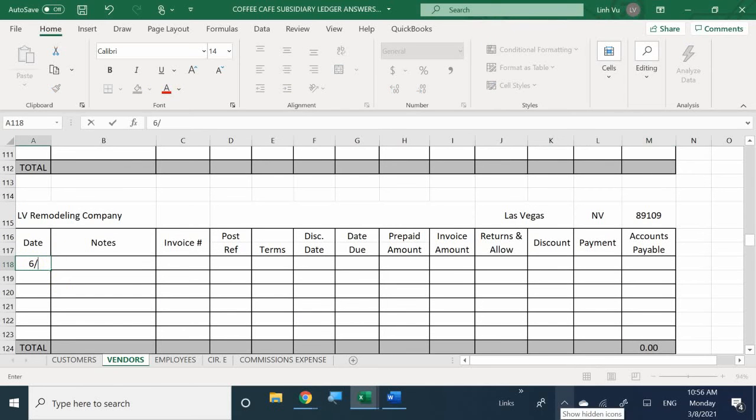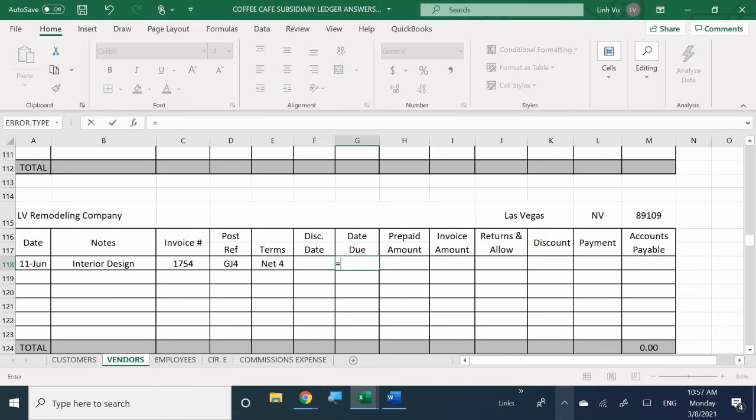All right, so date is June 11th, and then notes here is this is for interior design. Okay. Other invoice is 1754. Post reference once again is General Journal number 4, and terms. Terms was net 4. All right, so no discount.